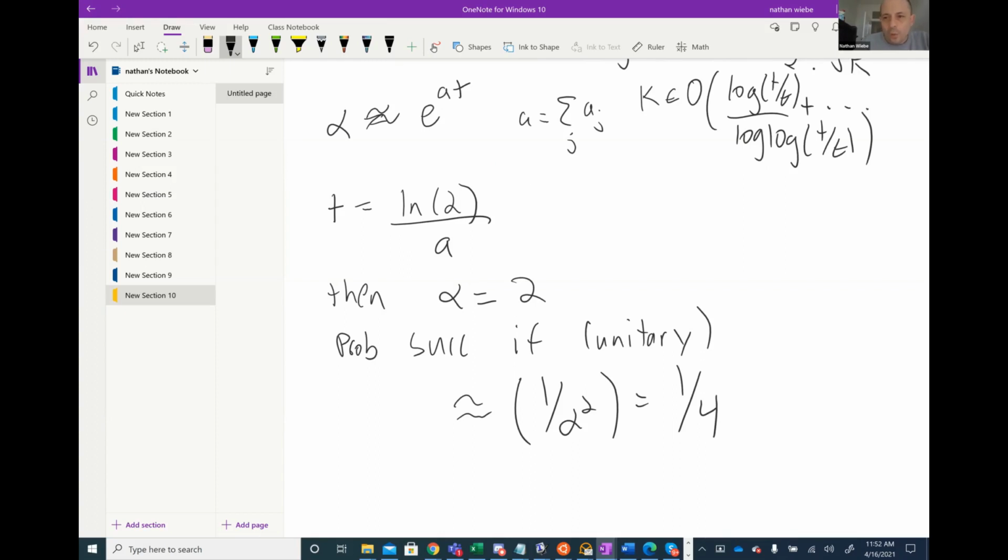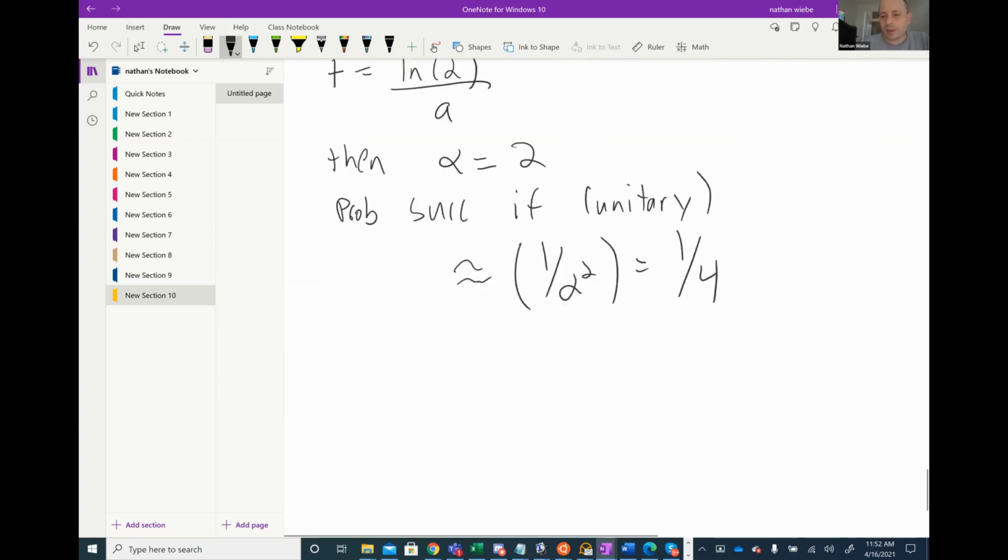It turns out 1/4 is the second best success probability you can ever get in quantum computing. The reason why is because if you have a success probability of 1/4, you can use amplitude amplification to boost that up to 100% success probability.